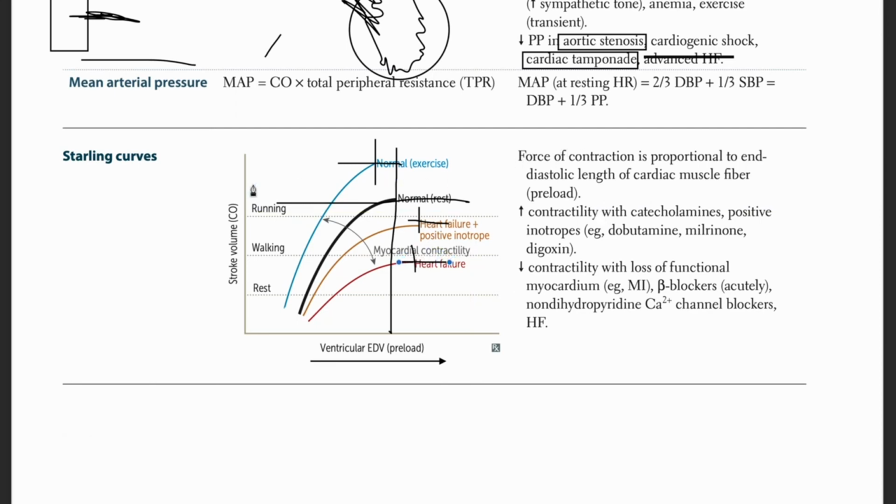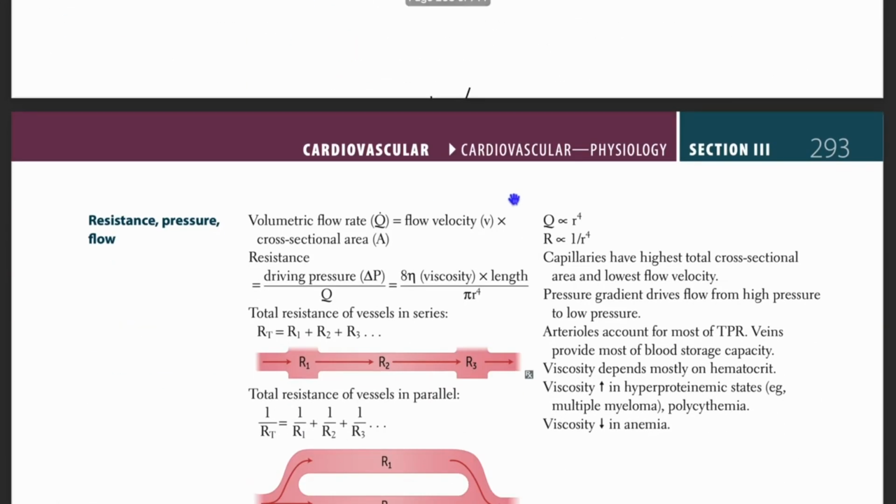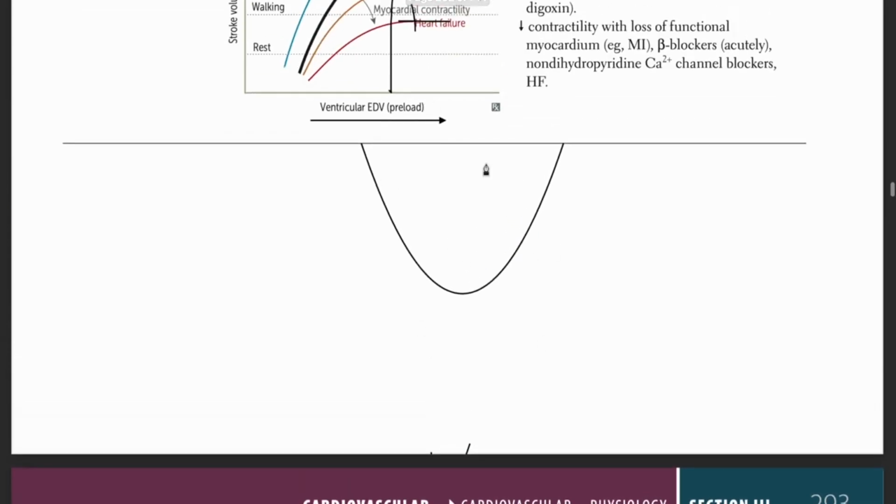So Starling curve: force of contraction is proportional to the end diastolic length of cardiac muscle fiber, right? Say you have a balloon. You fill it up with fluid, and it's going to grow.